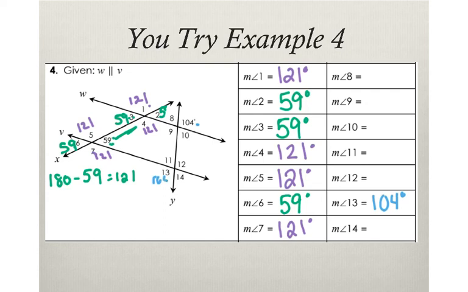Now, I'm going to start with my original 104 and do its corresponding, so that corresponding angle would be 12. And then building off there, I'm going to do alternate interior, which would be angle 9.